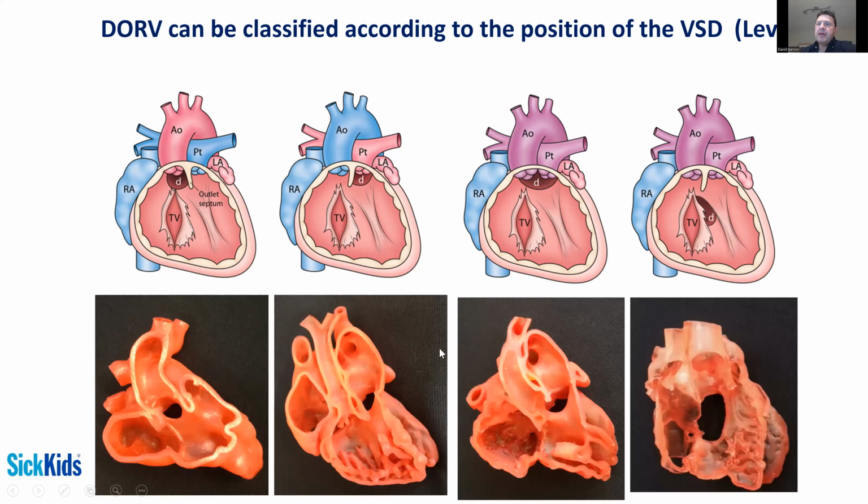And again, here are some lovely examples of the value of 3D printed models that show exactly these 4 types of defect. And it was an interesting question about how it's all very well having access to MRI for all these patients, and if you don't, then we have to rely on echo. And echo is extremely helpful and accurate and gives you an awful lot of information.